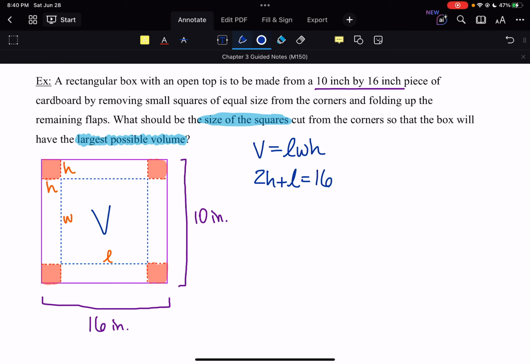And on this side, we know that this length, which is W, plus 2h's gives us 10. So 2h plus W is 10. We can solve this. L is 16 minus 2h. W is 10 minus 2h.